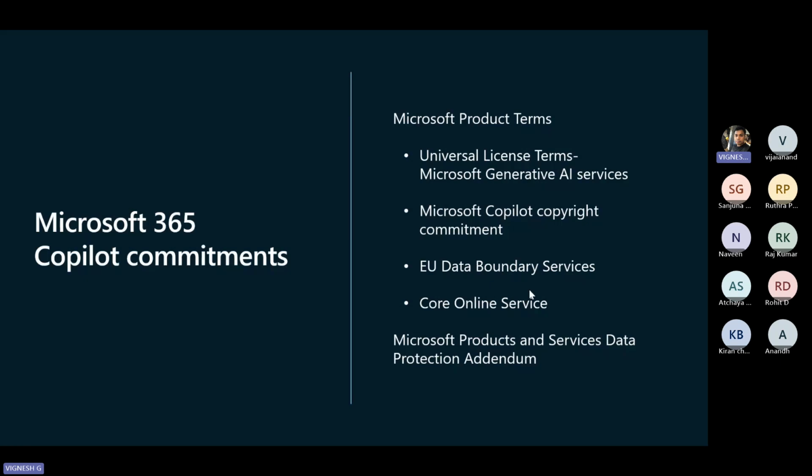The next thing you want to understand is the underlying commitments for Copilot for Microsoft 365. For instance, a good read is the Microsoft Products and Services Data Protection Addendum. This is a lot of data for you to read, and I can't just visually show how these things work.